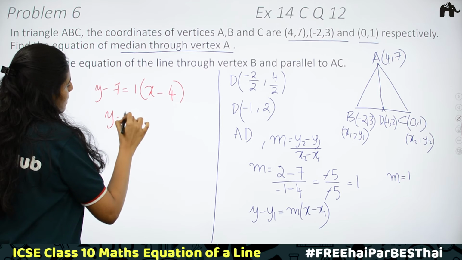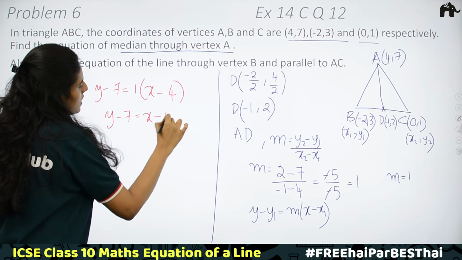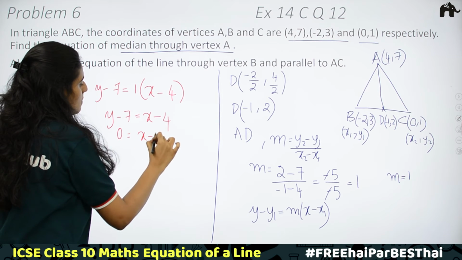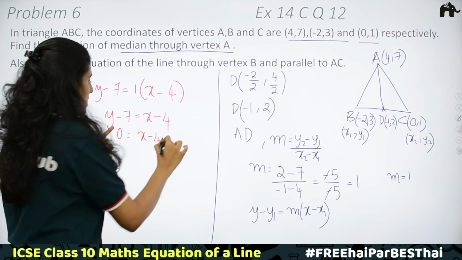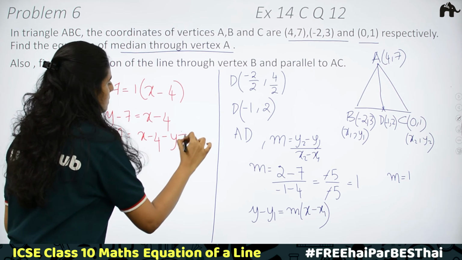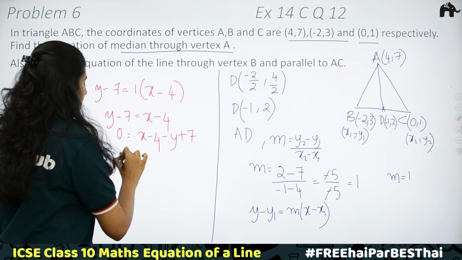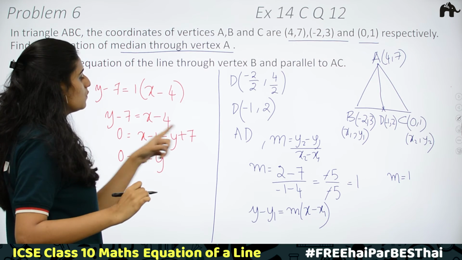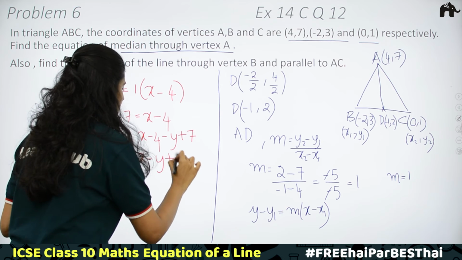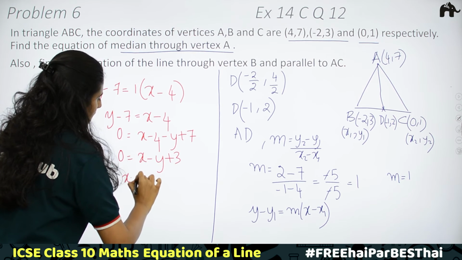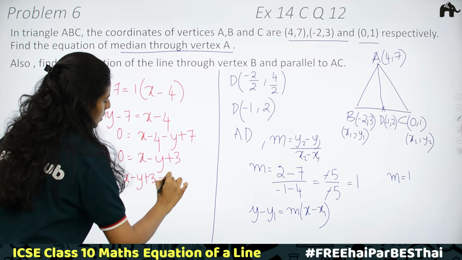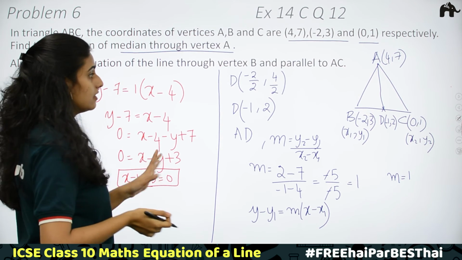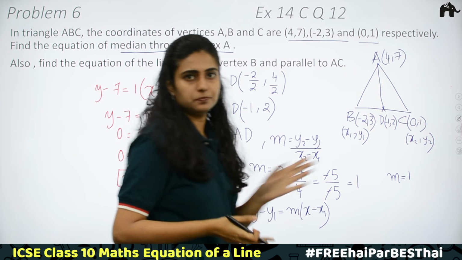That is y minus 7 is equal to x minus 4. Taking them to the opposite side, we get 0 is equal to x minus 4, y becomes minus y and minus 7 becomes plus 7. That is 0 is equal to x minus y minus 4 plus 7, which is plus 3. That is x minus y plus 3 is equal to 0. This is the required equation of the line, which is the median AD.